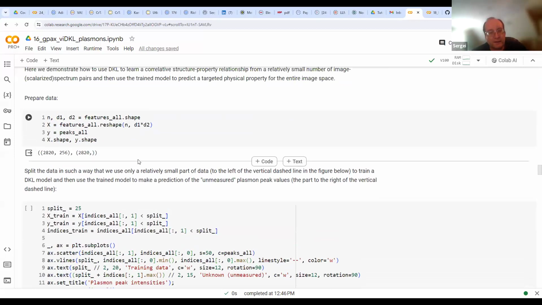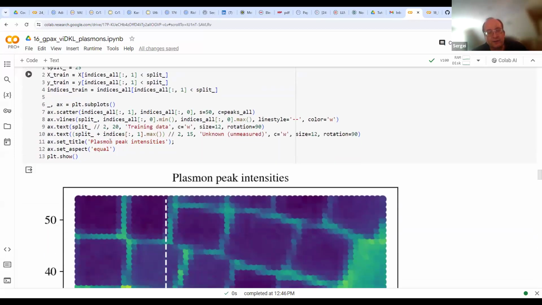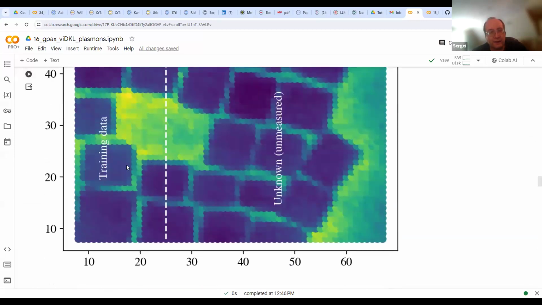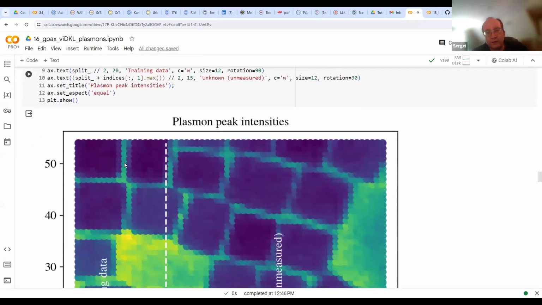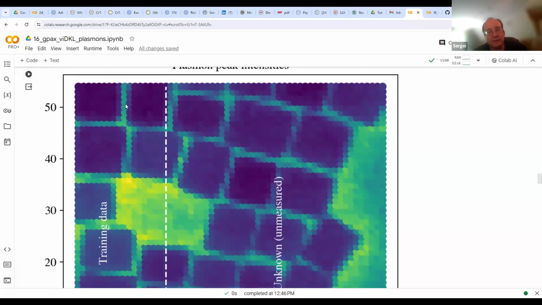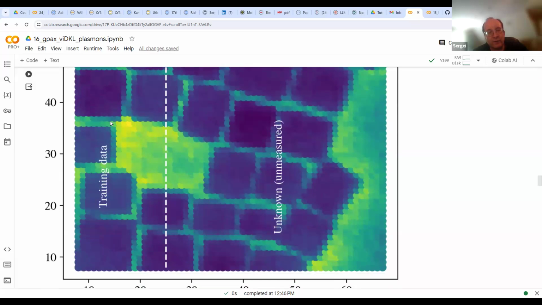What we do in this case is a very simple scenario. Imagine that we have access to all structural data, and we have access to the spectral data from this part of the image, to the left of the line, but we don't have access to the spectral data on the right of the line.